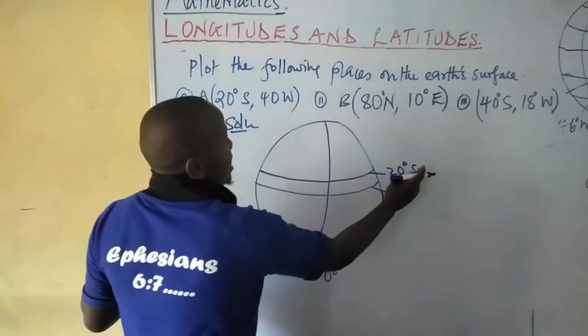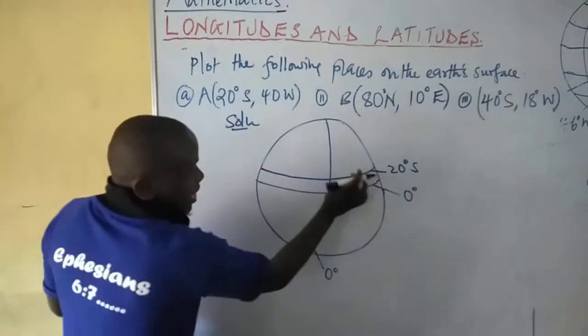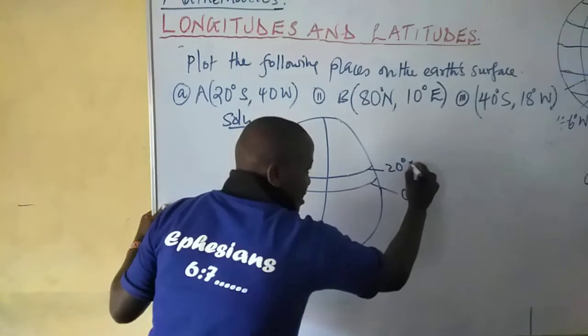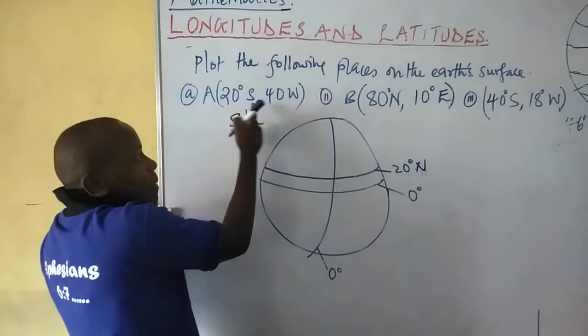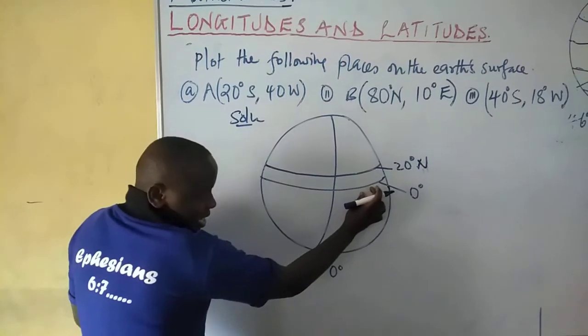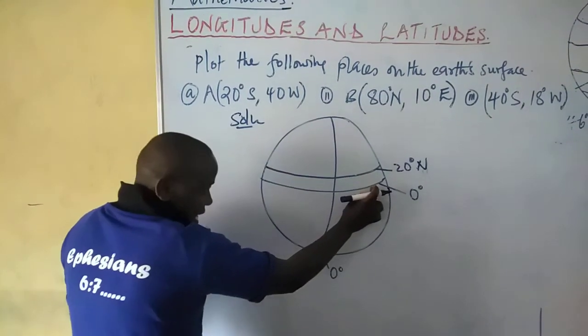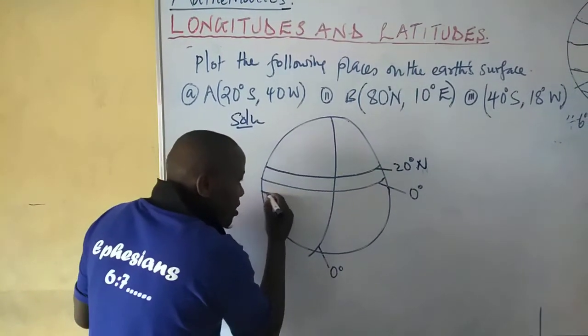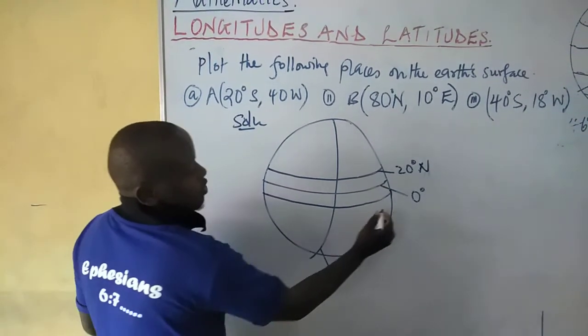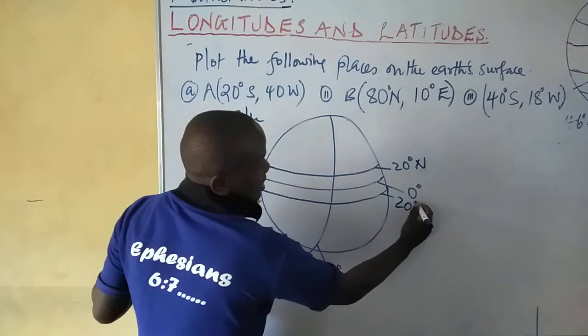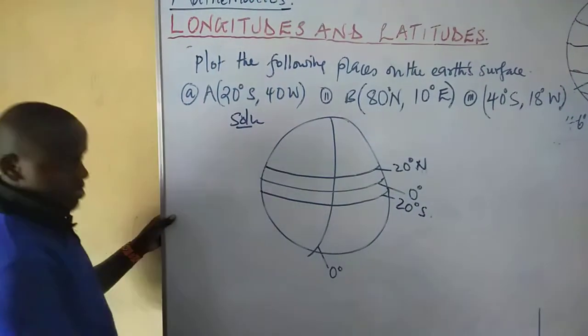Sorry, it is 20 degrees south. So that is 20 degrees, but this is the north part. Therefore, for you to know A, you want 20 degrees, but in the south. So with 0 degrees equator here, 20 degrees south is in the lower part, or in the southern hemisphere. 20 degrees in the south.